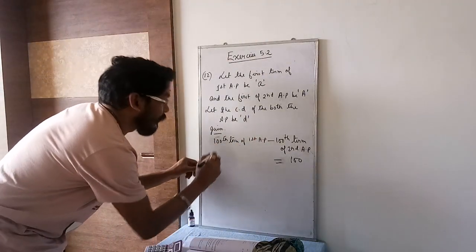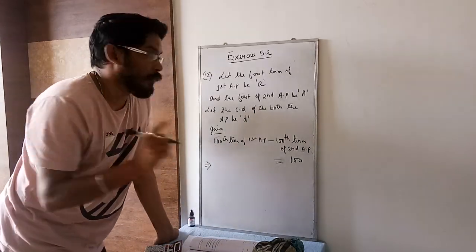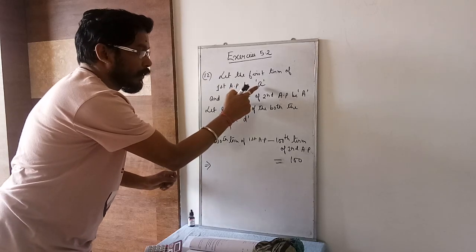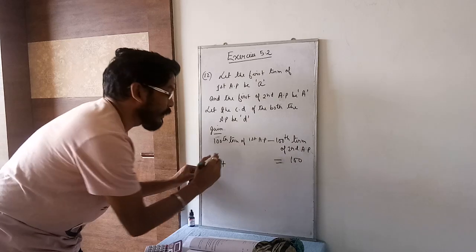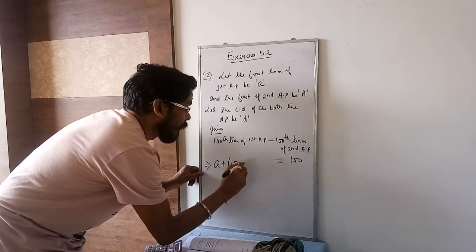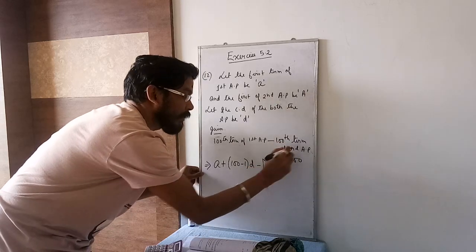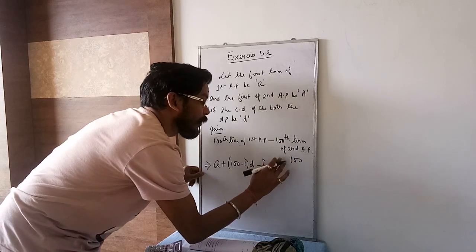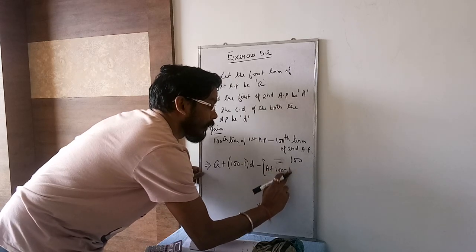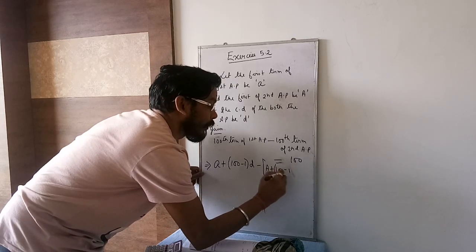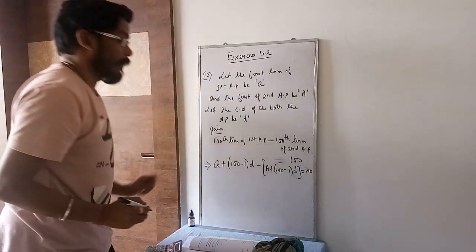So this implies, I will write now the general formula: a plus (n minus 1) into d. The first term of the first AP is a, so a plus, for the 100th term, n is 100, so (100 minus 1) into d. Minus the 100th term of the second AP, whose first term is capital A, so capital A plus (100 minus 1) into d, equal to 100.